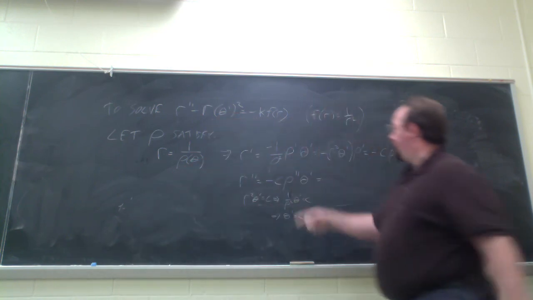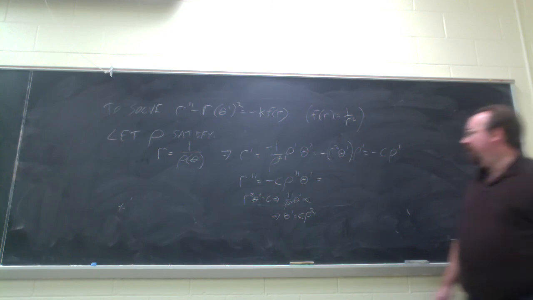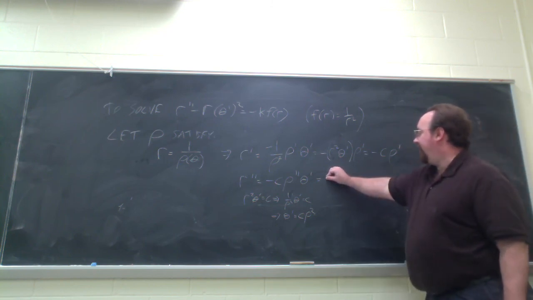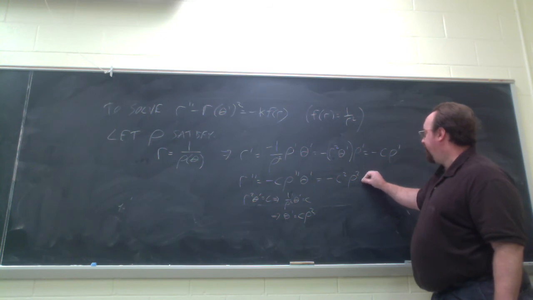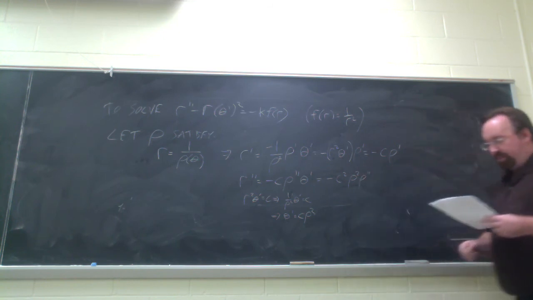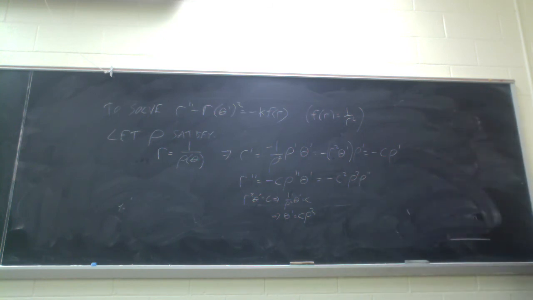So I can get rid of theta prime altogether and have minus c squared rho squared rho double prime. That way I've gotten theta out of the picture entirely.